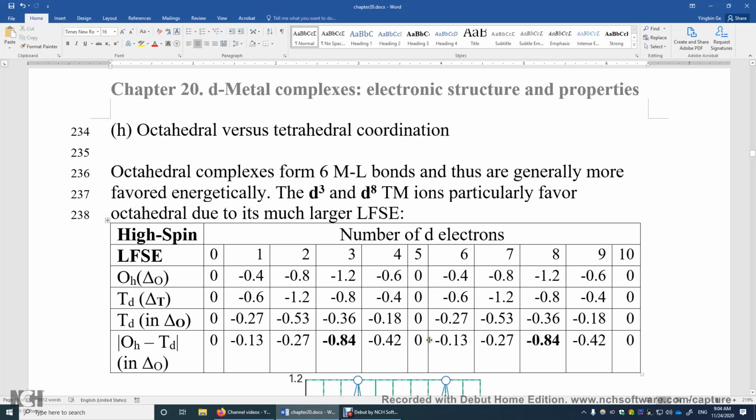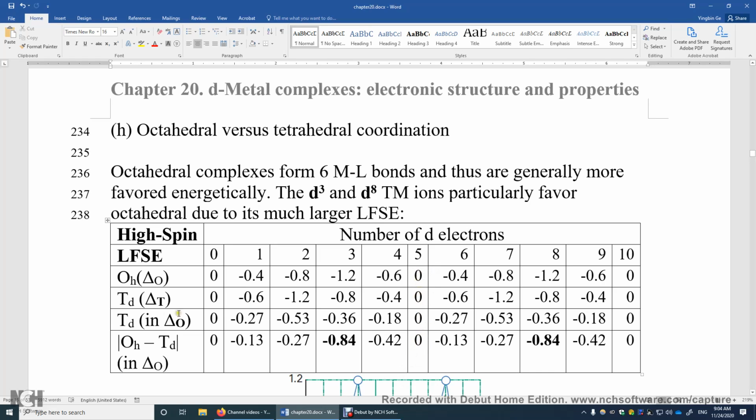Each of them will just occupy one of the 5 d orbitals, and all these 5 electrons will have the same spin. They can all have the alpha spin, or they can all have beta spin. So that's the high spin case. And in this case, the LFSE is just 0.